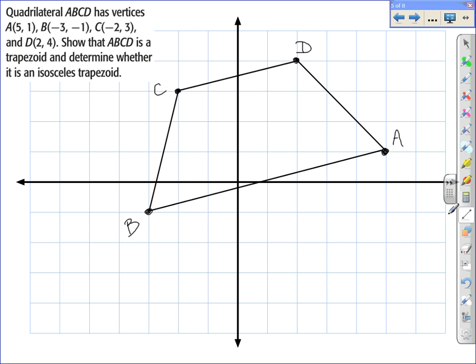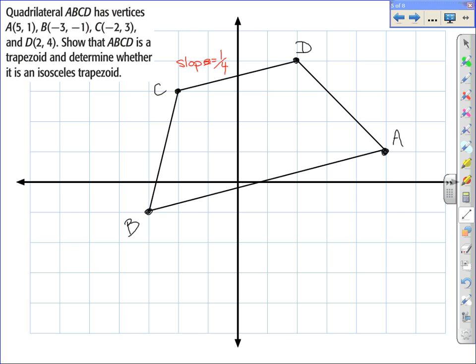So let me count the rise and run from C to D. I go rise 1 and run 1, 2, 3, 4. So this has a slope of 1/4. Let's now count the slope from B to A. I have to go up 2 and right 1, 2, 3, 4, 5, 6, 7, 8.